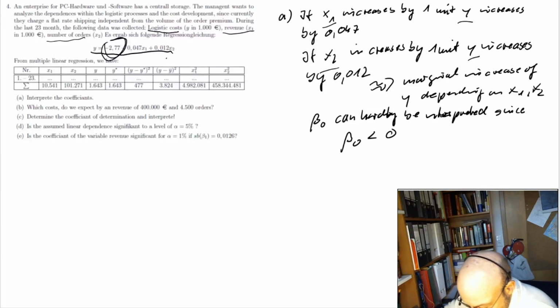The coefficient of determination, there of course we have, which costs do we expect?